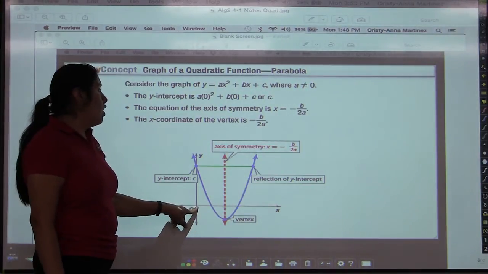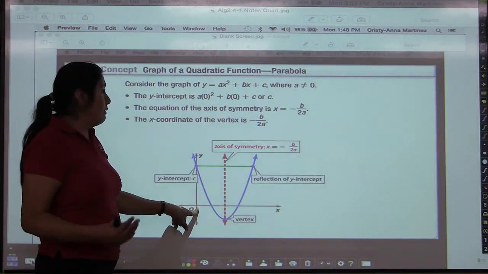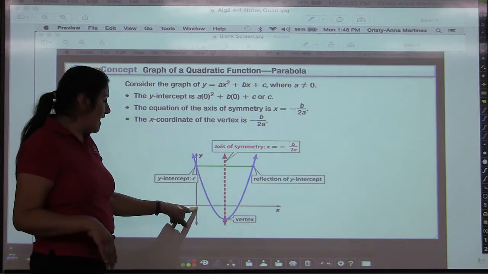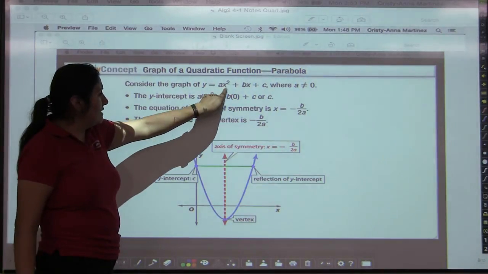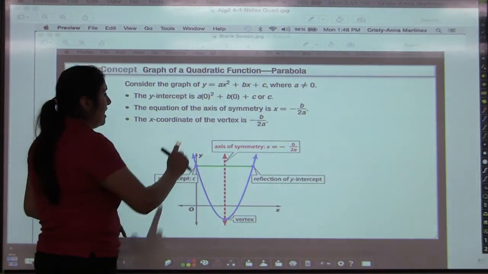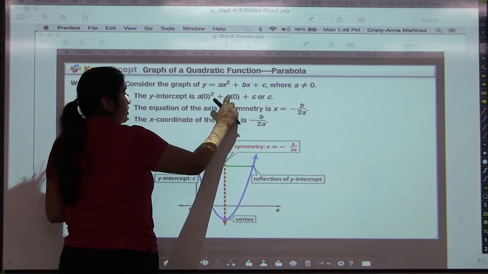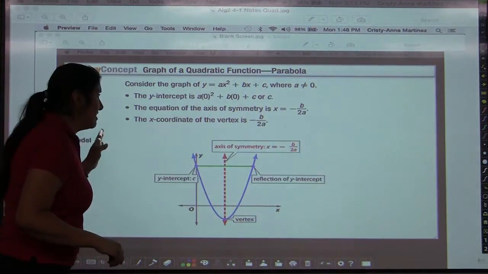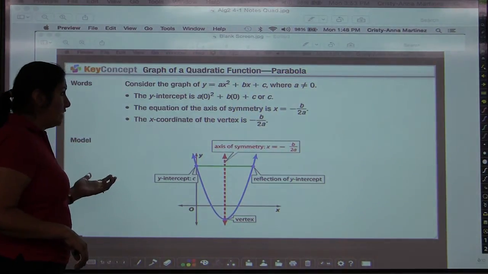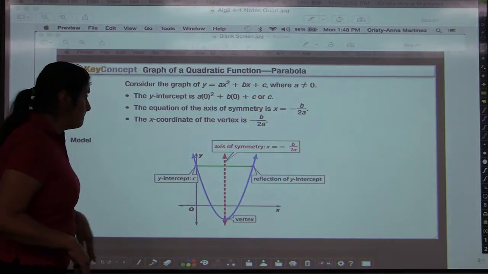That is why, when you are finding the y-intercept, you replace the x with a 0. If you replace the x's here with zeros, then the ax squared term will be gone, and the bx term will be gone, and all that will be left is c. So the y-intercept of a quadratic function will always be the constant term, which is c.